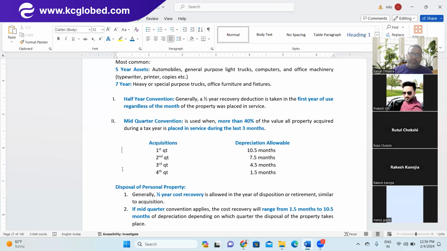That is what you are saying? Yes, sir. Then for the respective category, you need to follow the respective method consistently. It should not be that in year 1 you are using half-year, and in year 2 you have switched to mid-quarter. Whatever method you are planning to use, that has to be applied consistently.